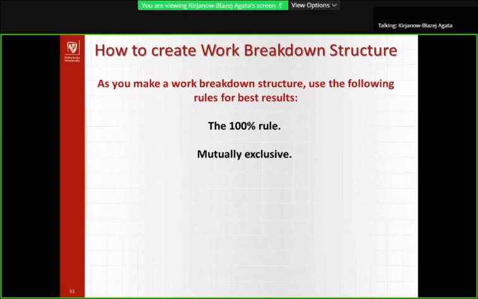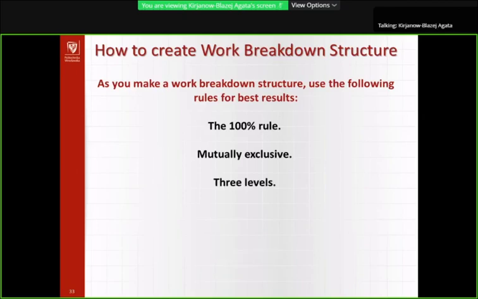Mutually exclusive. Do not include a subtask twice or account for any amount of work twice. Doing so would violate the 100% rule and will result in miscalculation as you try to determine the resources necessary to complete a project.